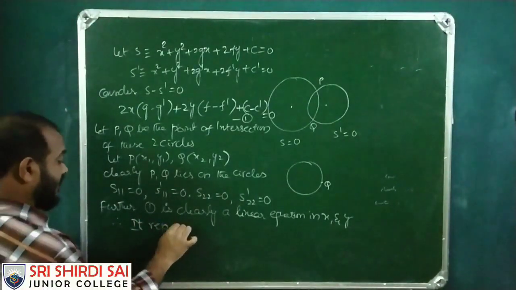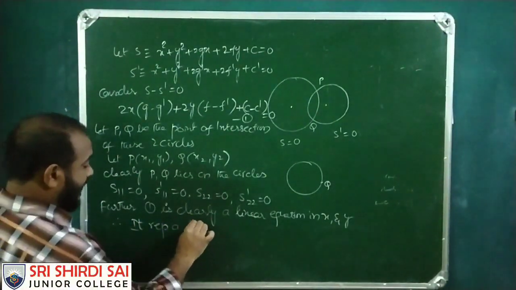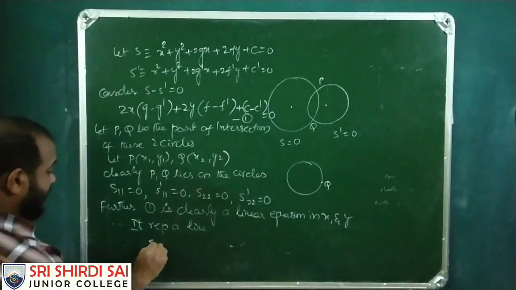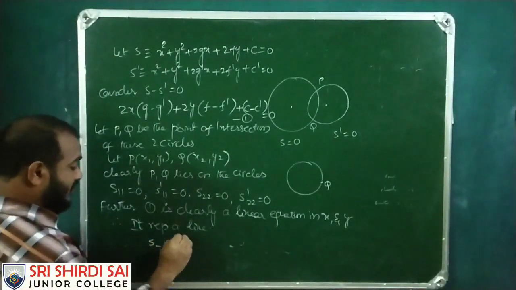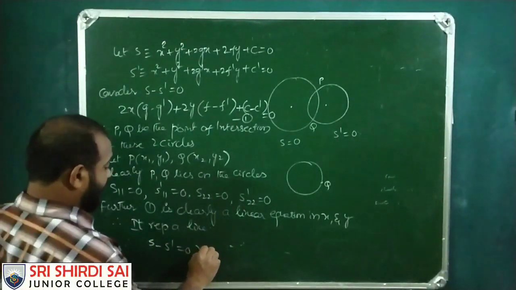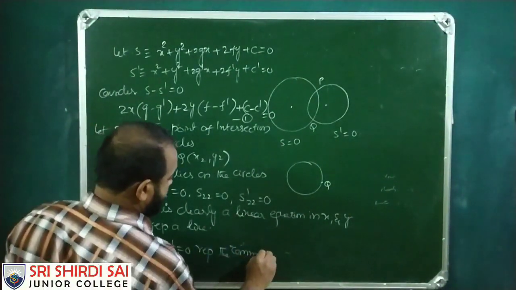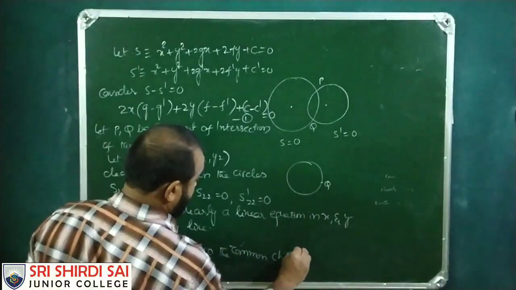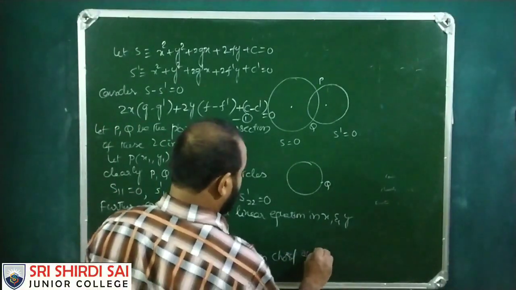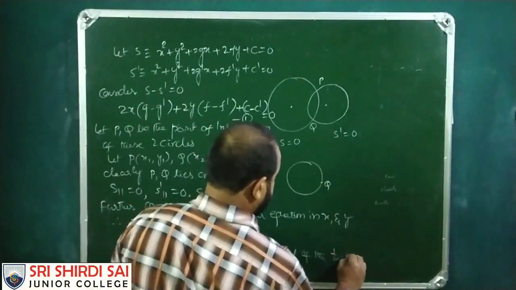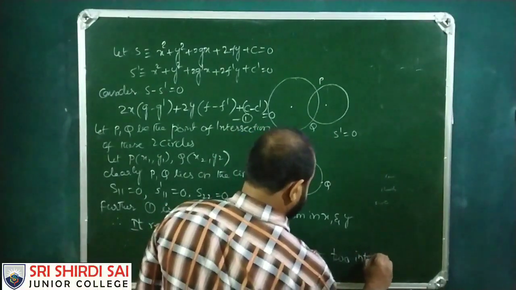Further, S minus S dash equals 0 represents the common chord of the two intersecting circles.